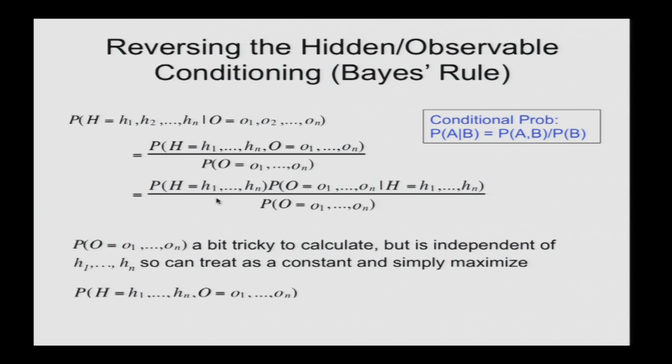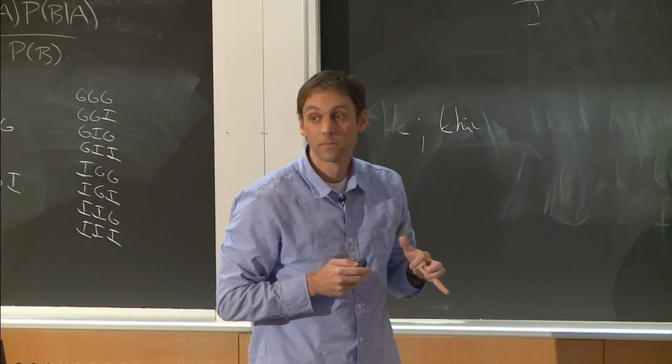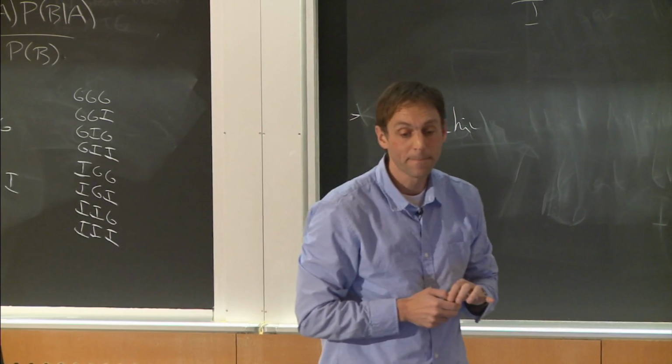So we're just going to try to maximize P of H equals h1 to hn, find the optimal sequence of hidden states that optimizes that joint probability with the observable values O1 to ON. Does that make sense?